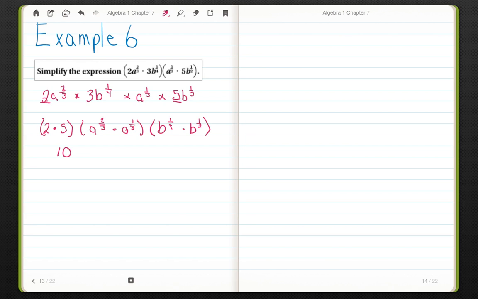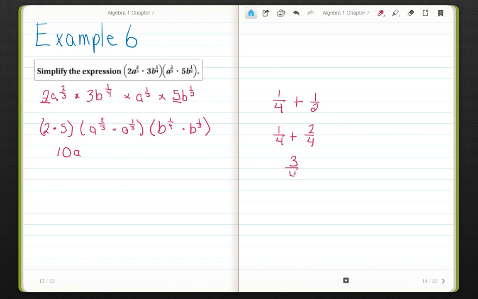Well, 2/3 plus 1/3 is 1, and a to the first power is just a. Then I have b to the 1/4 plus 1/2. Well, 1/4 plus 2/4 is 3/4. So I'm going to then have b to the 3/4 power. And that is as simplified as we can get.